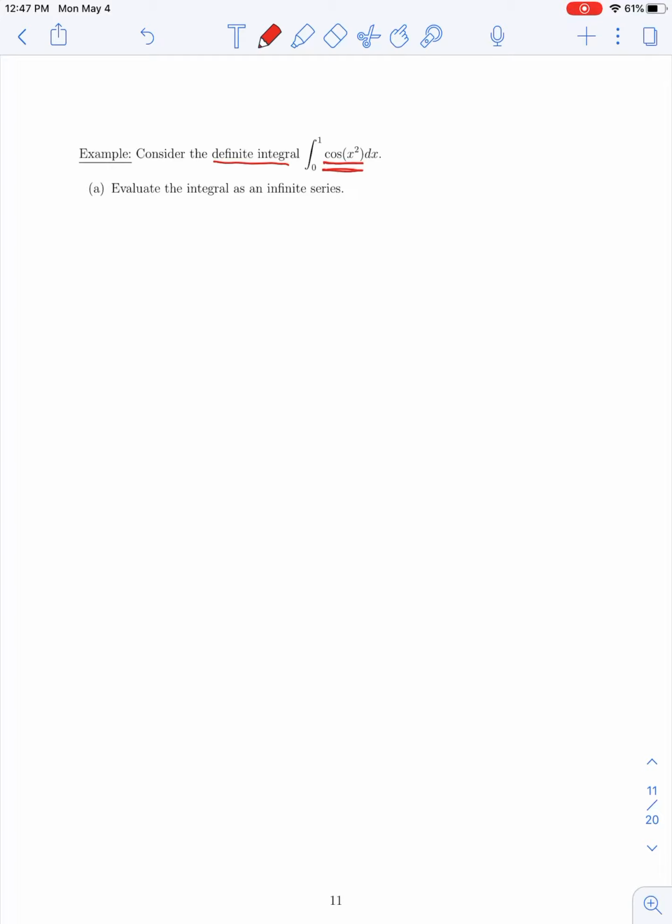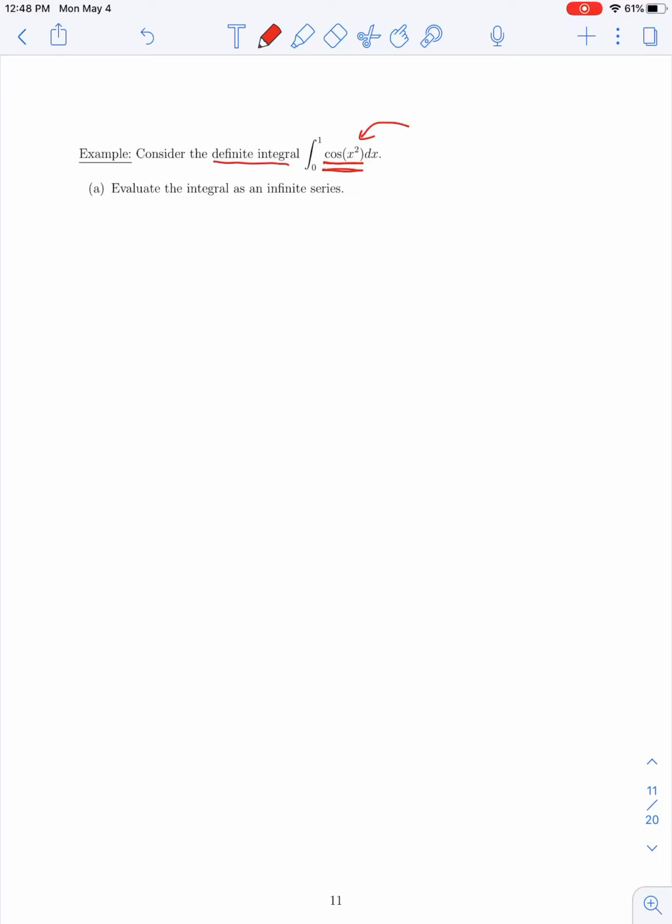But using the techniques which we've learned in our course, we do not have a method for finding an antiderivative of cosine of x squared analytically. So none of our techniques work. A substitution doesn't work, integration by parts, partial fractions, trig substitution, none of these methods will work here.